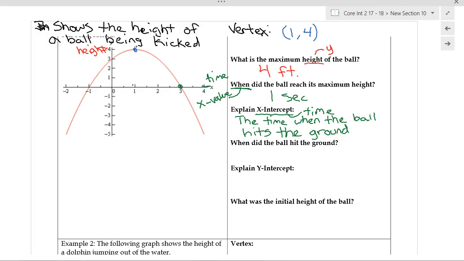So when did the ball hit the ground? Well, my x-intercept here is at 3. So the ball hits the ground after 3 seconds. It was up in the air for 3 seconds.